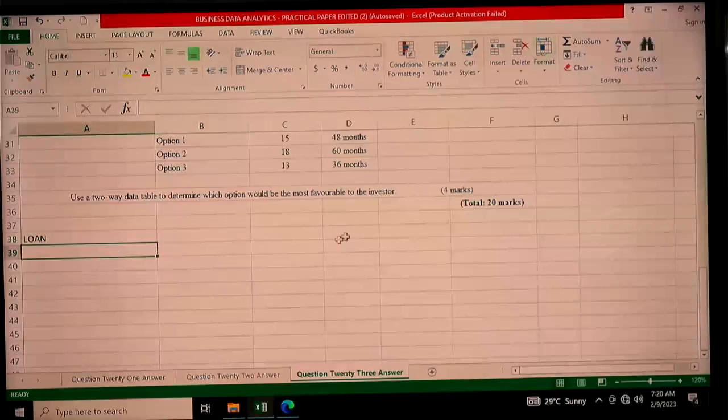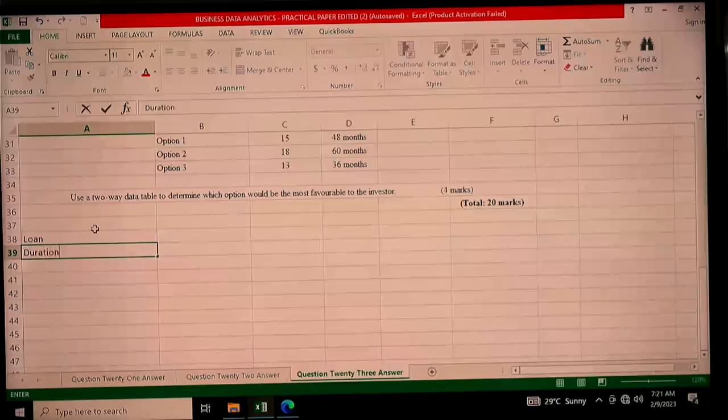Then you have to indicate the duration. The duration you are told is in months. So let's type properly. That is the loan. We have duration. Duration is in months, I told you 48 months.